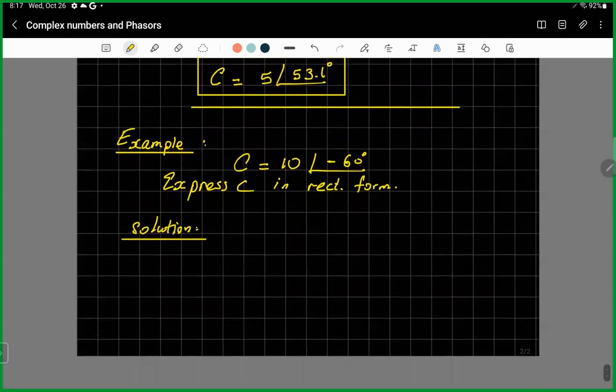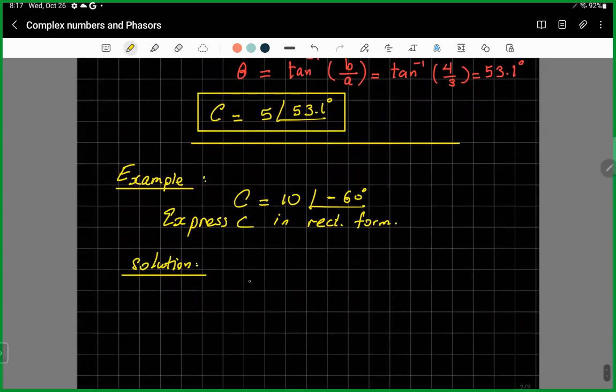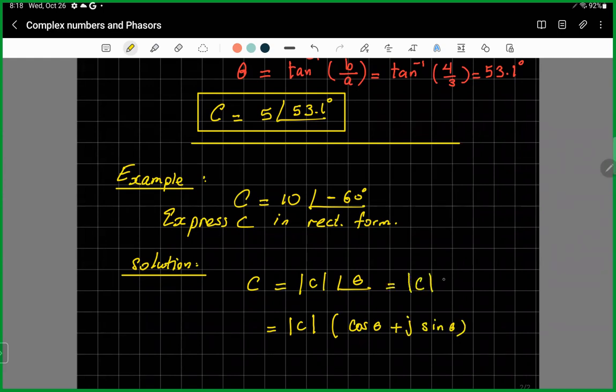So we say that C is expressed as a magnitude and angle theta. Any angle theta can be expressed as cosine theta plus j sine theta. Maybe sometimes you'll ask me why. Okay, I'll tell you why. If you remember in math, theta can be expressed like that.